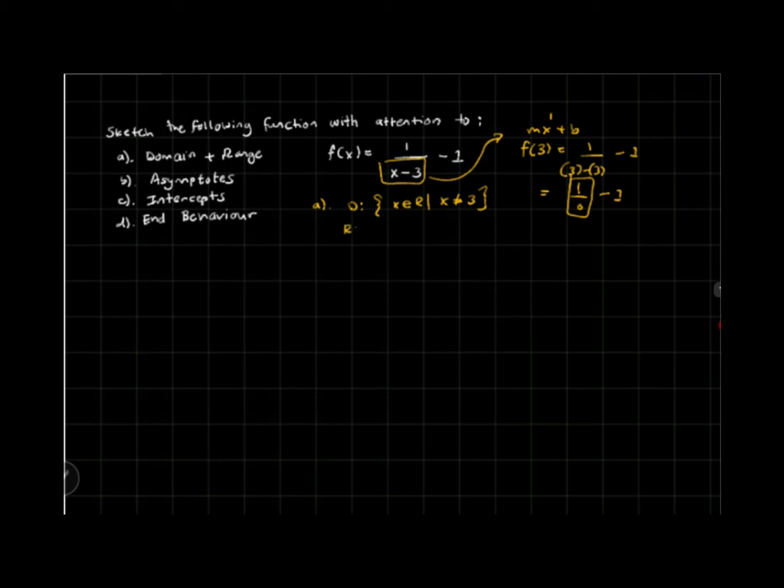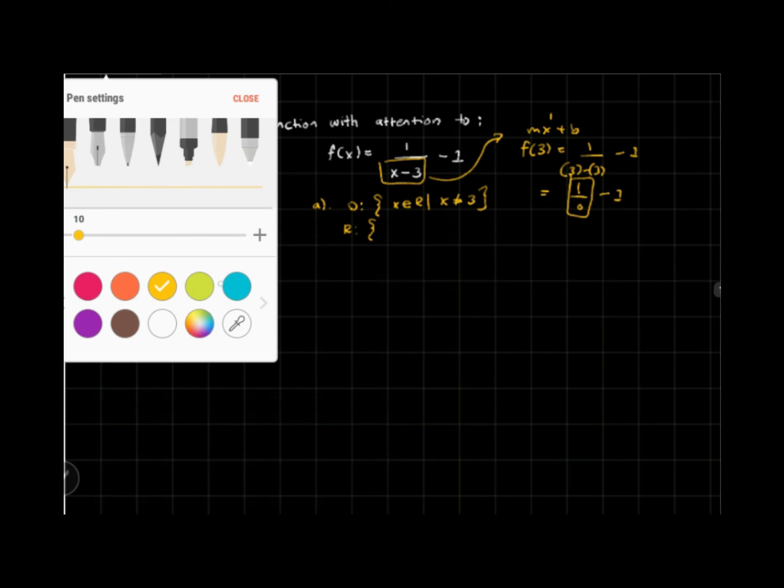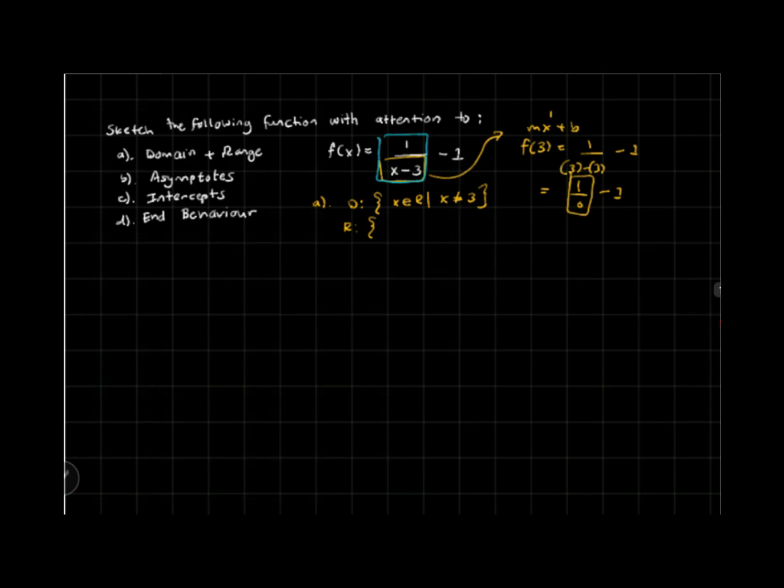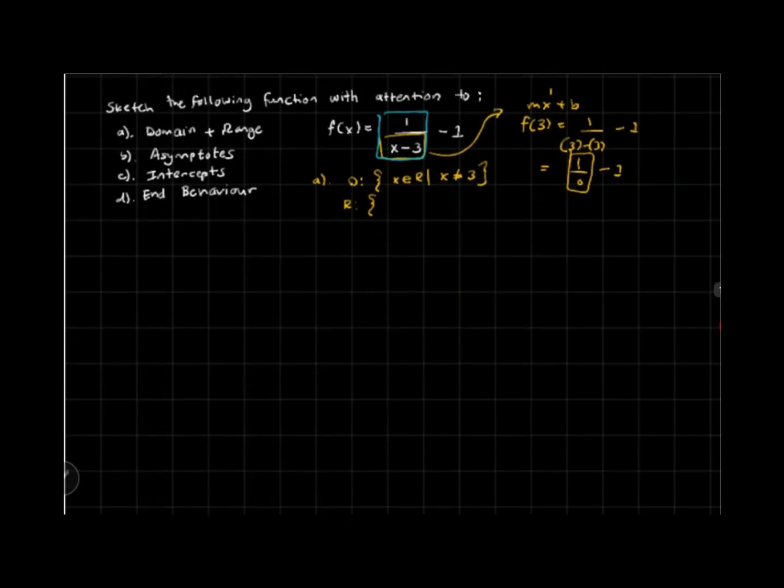If we're looking at the range here, if we take a look at this portion of the function, the 1 over x minus 3, we can notice that this is a fraction, and we know that fractions can only equal 0 when the numerator is equal to 0. However, in this case, for the reciprocal function, the numerator will never become 0 because it's a constant 1, right? So this cannot equal 0.